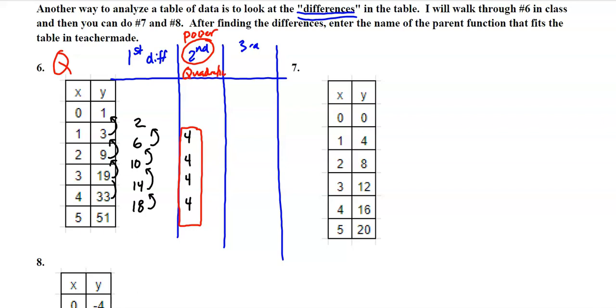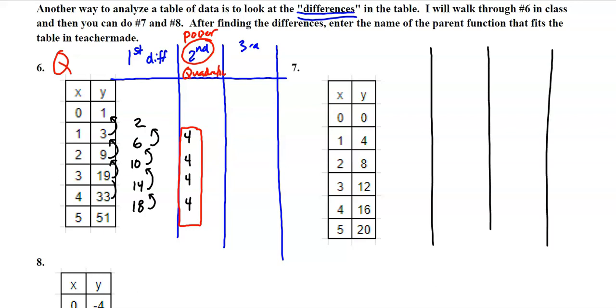Now let's compare that with number 7. I'm going to make this one go a little bit quicker because I was just explaining in that last one. We have first difference, second difference, third difference. Well, in this first one, I have 4, 4, 4, 4, 4. Oh, problem's over. The first difference associates with a power of 1, so think x to the first.